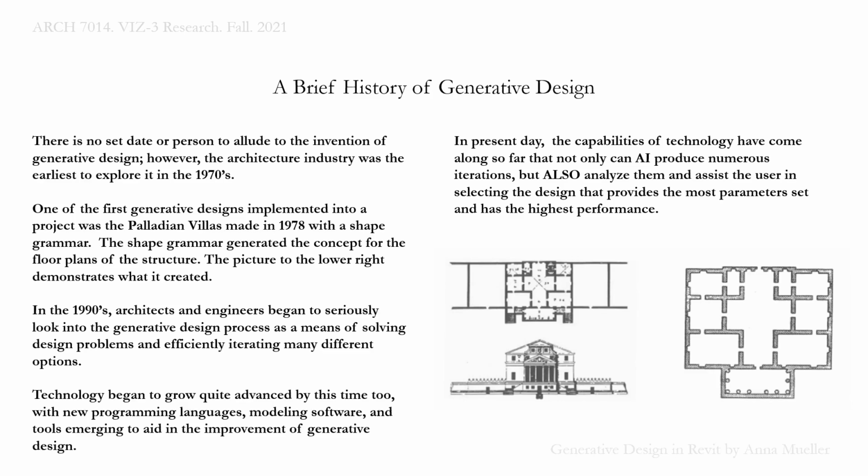So in present day, the capabilities of technology have come so far, and now AI can produce many, many different iterations. But not only can it do that for us, it can also analyze them and help the user in choosing the designs that best fit their needs and have the highest performance.